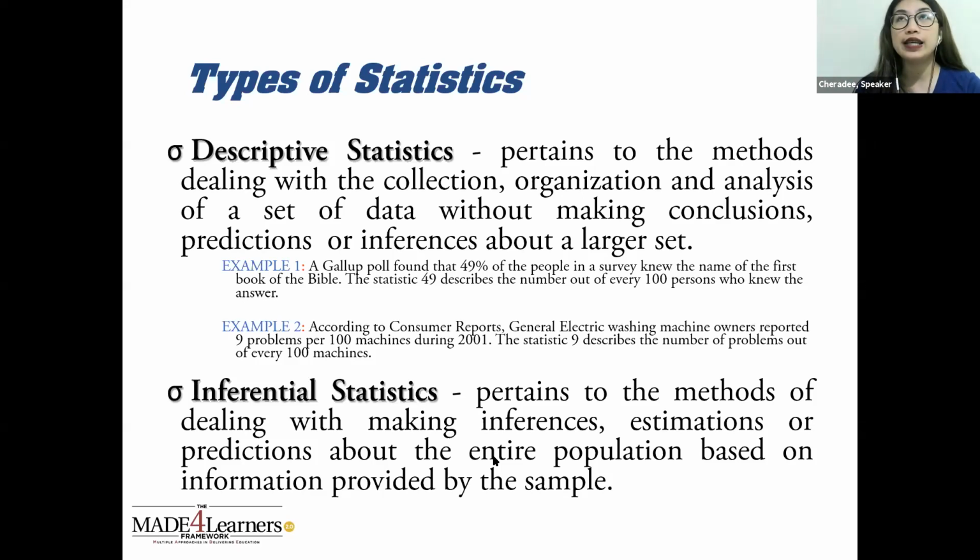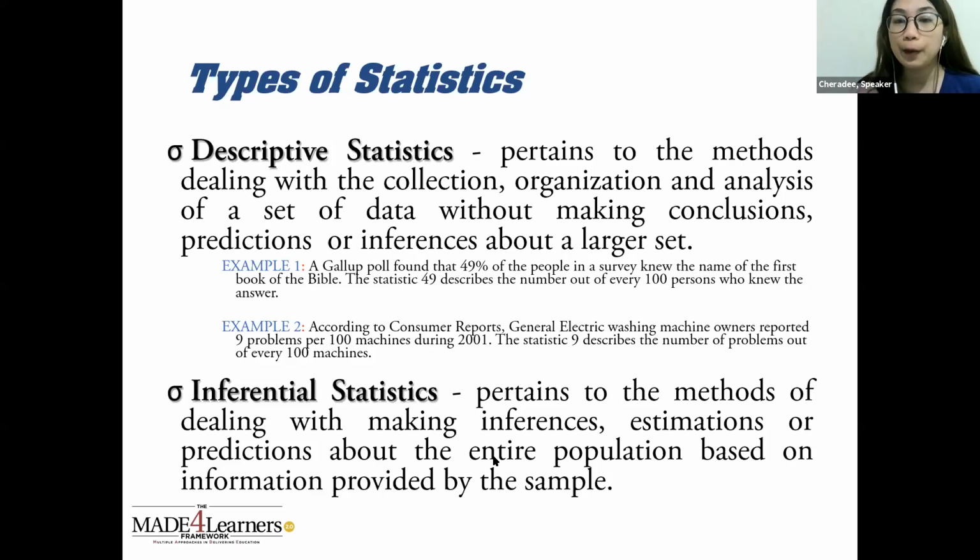Let's have an example that is relatable now. For example, the COVID cases, say 70,000. I don't know anymore the numbers. So for example, we are 70,000 in cases. If you're just merely describing that we are 70,000, that's descriptive. Now, how does it become inferential?